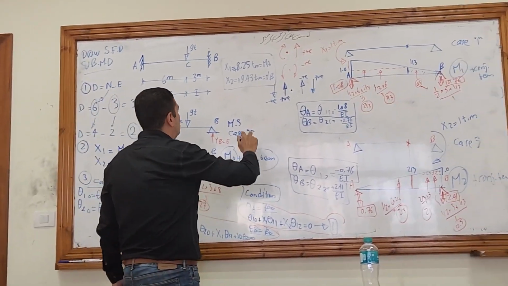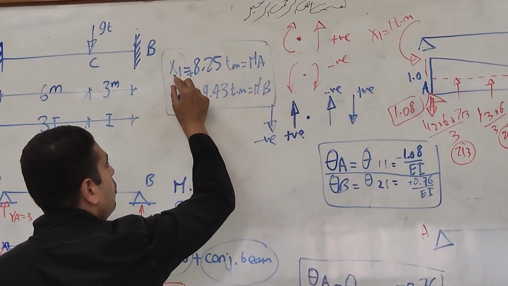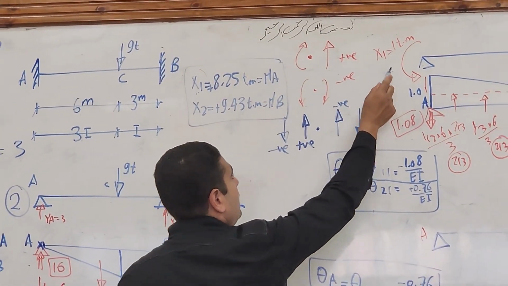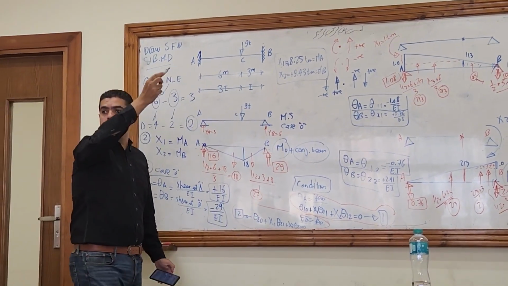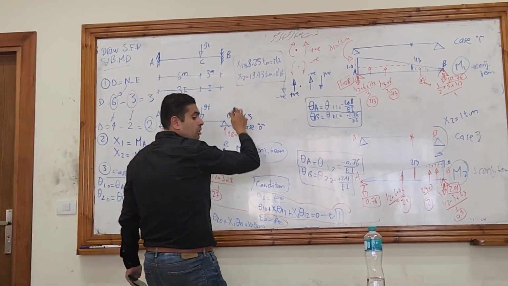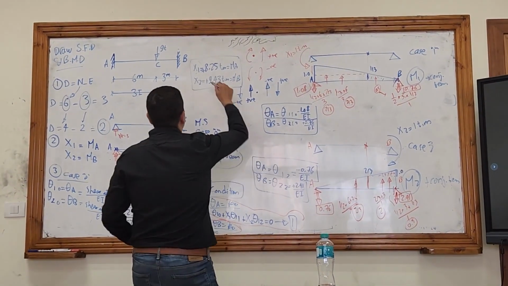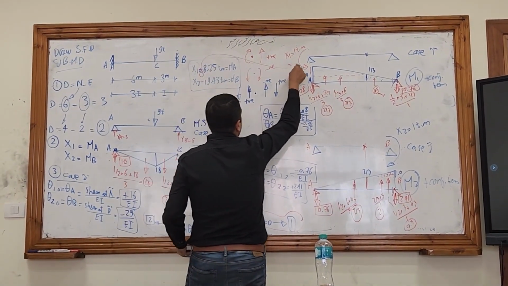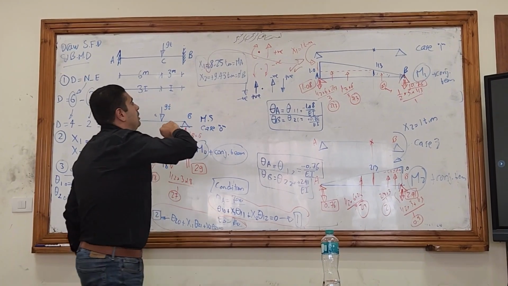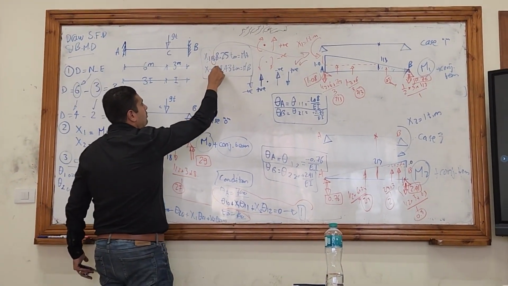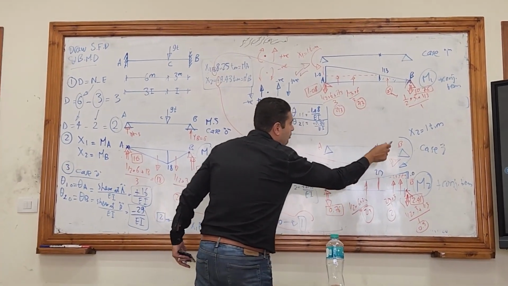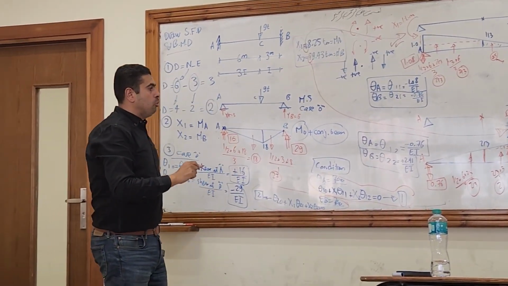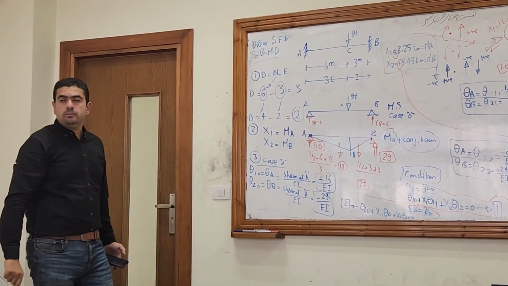What was the direction I assumed for MA, for x1? See, I assumed it's in this direction. The tail is upwards. So my assumption was correct. x2 also is positive. I also assumed the tail of x2 is upward, so my assumption is correct.